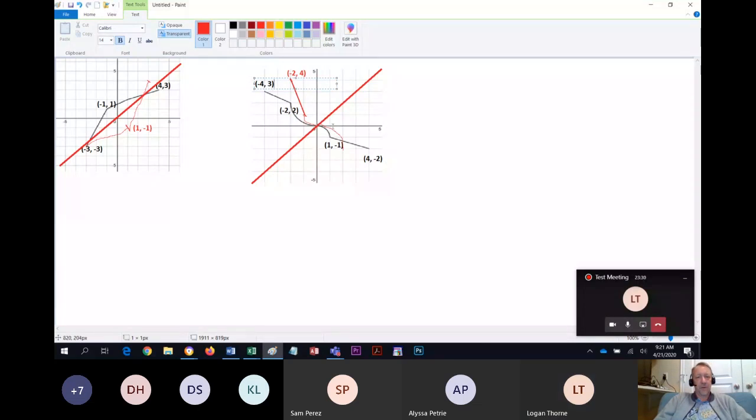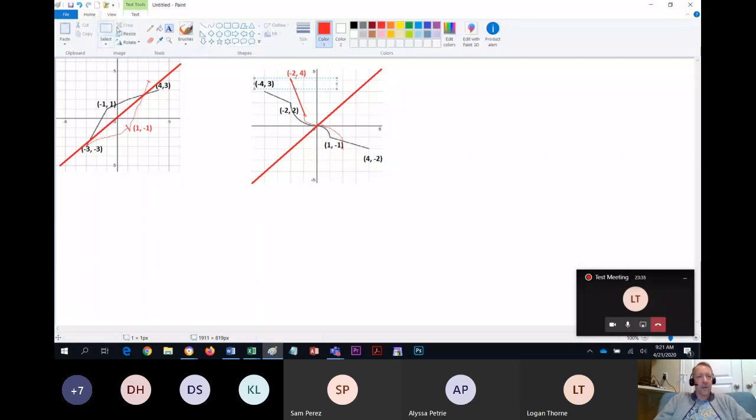So 1, 2, 3, and let's say 1, 2, 3, 1, 2, 3, 4. So it's this point here. And now I'll draw my line. That's from that point to that point there. Okay. Pretty good. Okay. Does that make sense?